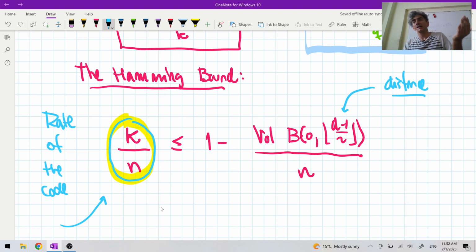Okay, how much redundancy the table of numbers has. And at the same time, the distance measures the ability of the code to detect errors when we send the message. We're going to return to this in a future video, but we need to understand that the Hamming bound is simply trying to make every ball fit in the same space. This is an amazing topic, very interesting and very useful.